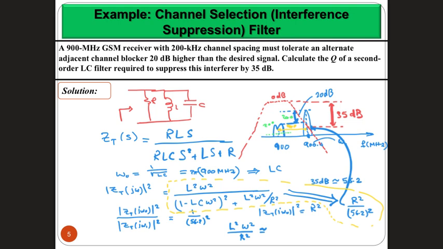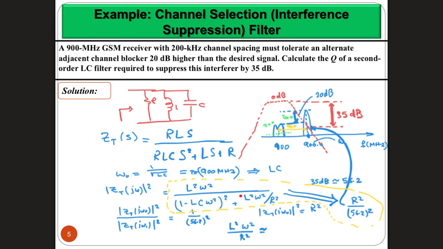Both terms appear up and down, and then I have a number on the other side, 1 over 56.2 squared. So a number plus this unknown and this unknown is equal to a number on this side, which means that I can solve to find the value of L squared omega squared over R squared.